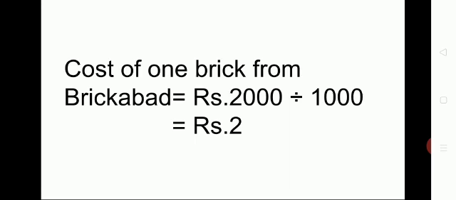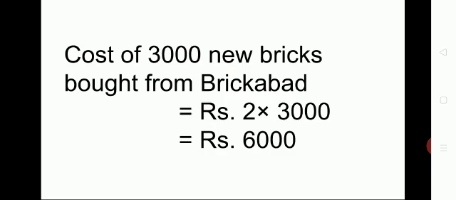And then next, you need to calculate the cost of 3,000 bricks. One brick is how much? We got the answer, rupees 2. So multiply with this answer. Rupees 2 multiplied by 3,000. How do you multiply? 2,000 into 3. First multiply from the ones place. 0 threes are 0.